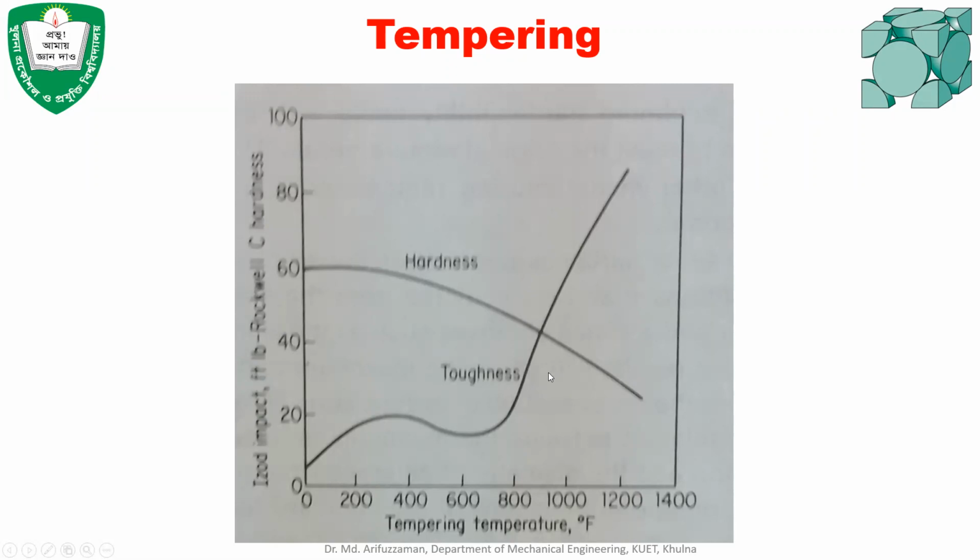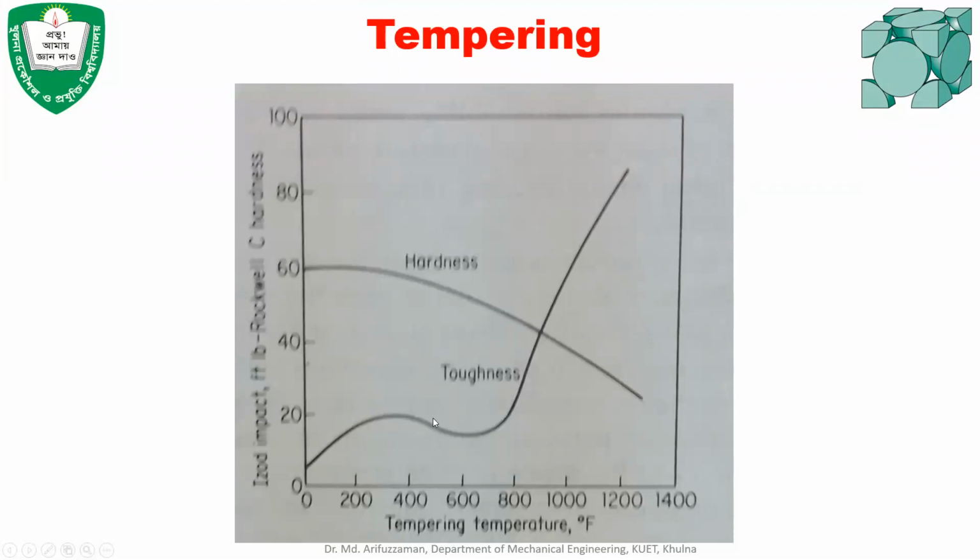If you want to obtain a high toughness steel, the hardness will be reduced significantly, and you have to temper it at a very high temperature. But if you want to compromise between hardness and toughness, then this is the best option. Like at 200 to 400 degrees Fahrenheit, this is the best temperature for tempering. Then you'll get both toughness and high hardness.